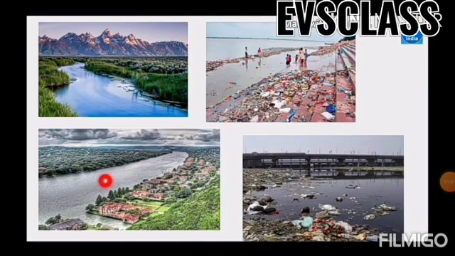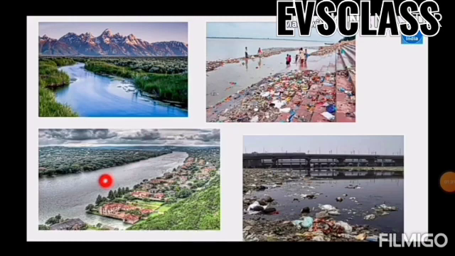The water becomes blackish and a foul smell comes. We are only responsible for this, my dear students. Human activity is responsible for this. We throw so many waste products and pollutants that make the river dirty. And what is the effect? All the aquatic organisms died, fish died.